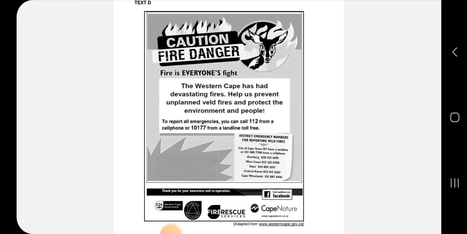District emergency number for reporting field fires. City of Cape Town, there is the address and all that. And thank you for your awareness and cooperation. So here we have a flyer. It's an advertisement in the form of a flyer. So look at it carefully so that we can answer the questions.